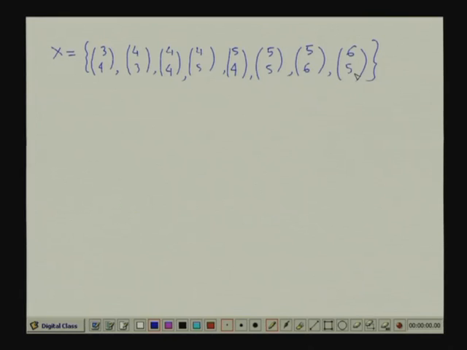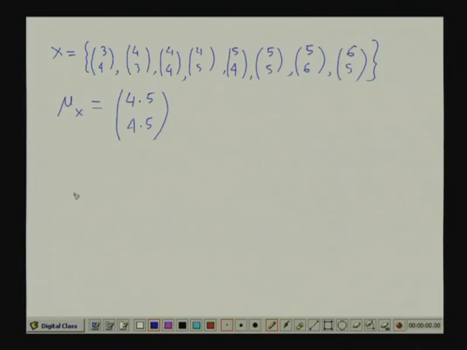Now, from these vectors it is quite easy to compute the mean vector mu x, and you can easily compute that the mean vector mu x in this particular case will be nothing but 4.5. So, this is the mean vector that we have got. Once we have the mean vector, we can go for computing the covariance matrix.